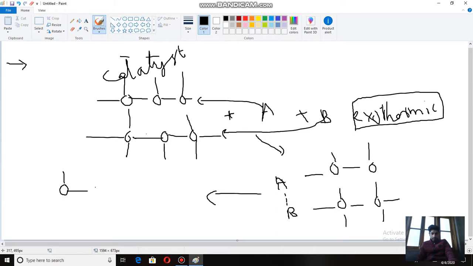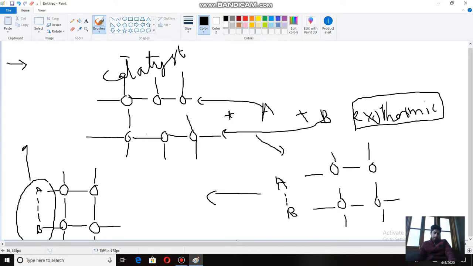Actually, they will try to react on this catalyst surface like this. Now A and B will form a bond, and after this, the next stage will be when AB is removed, and we will get our catalyst back like this.